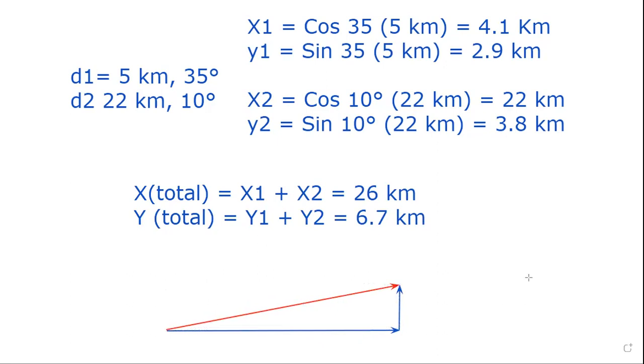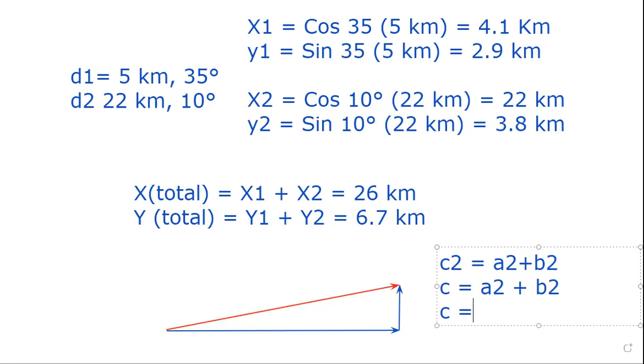Everybody knows how to do that part, don't you? C squared equals A squared plus B squared, which is the same as saying C equals the square root of A squared plus B squared.